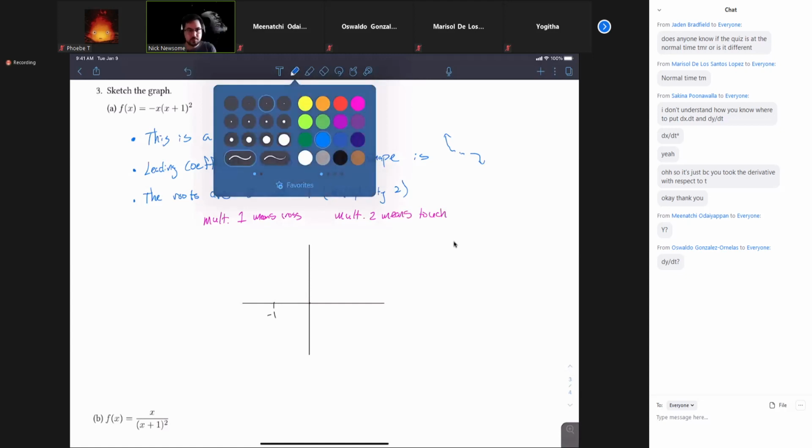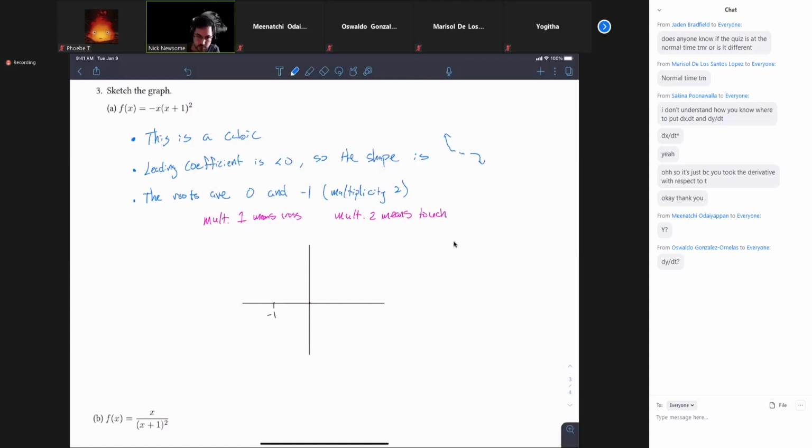So when I go to actually plot this thing, I know it's going to come down this way, touch right there, go up, up, up, and I know it's going to cross right here. The one thing that I don't know from all my algebra is what this hump looks like. Where is the top of the mountain? That's where calculus is going to come in. That's going to be where that critical point is.